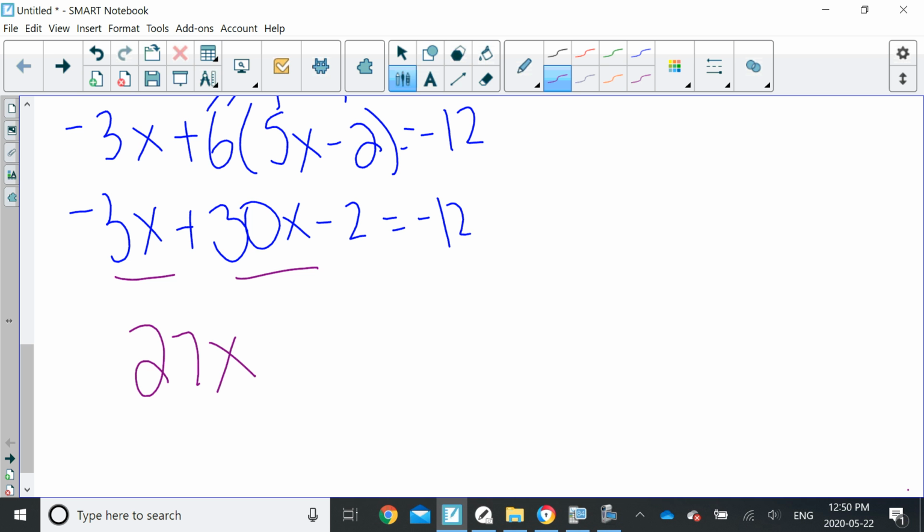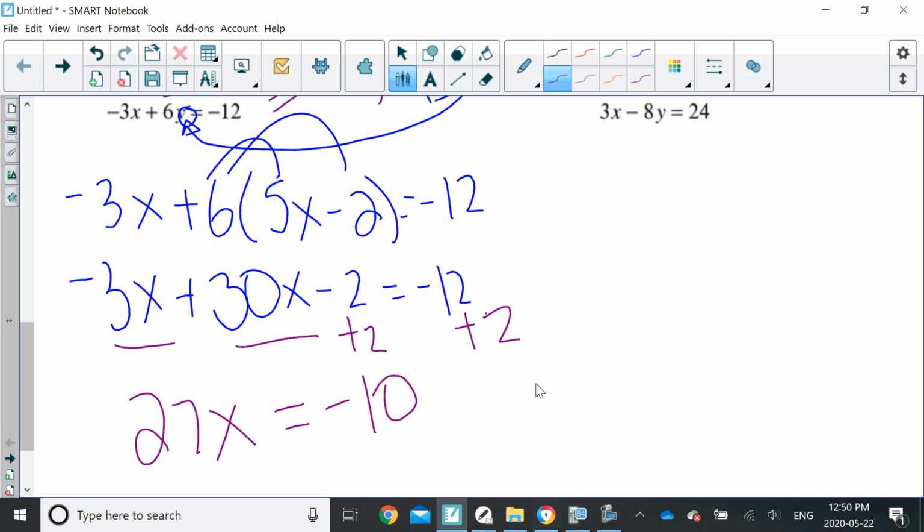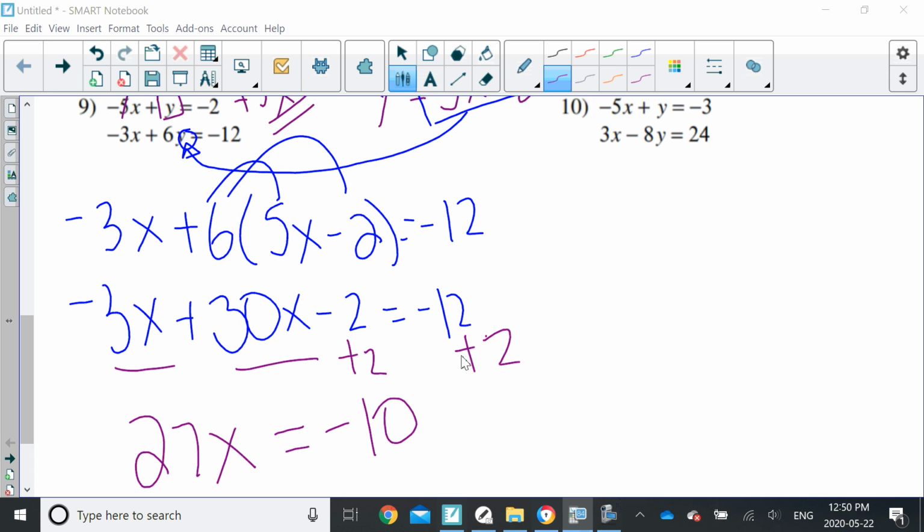And I'm going to add the 2. I'm just going to do this for the last. So negative 27x is equal to negative 10. And I feel like I made a mistake, because that would give me a fraction, and I don't think I have a fraction. What question is this? 9.